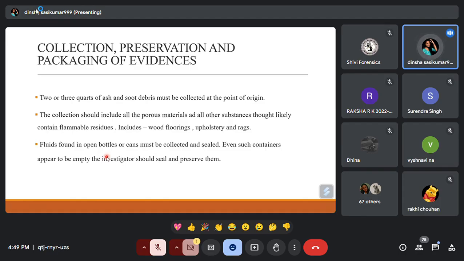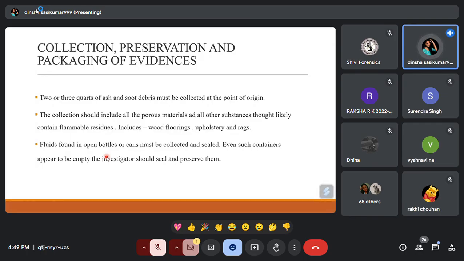Then the collection should include all porous materials and all substances thought likely to contain flammable residues. In the crime scene, there may be porous materials like wood flooring, upholstery, rags, or other substances. There is a chance of them absorbing accelerants, so those substances should be collected.